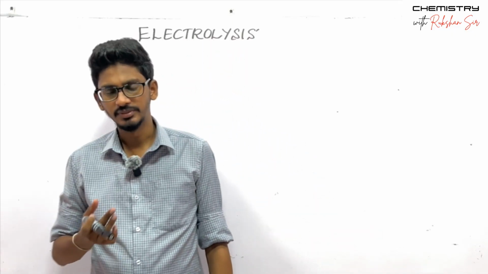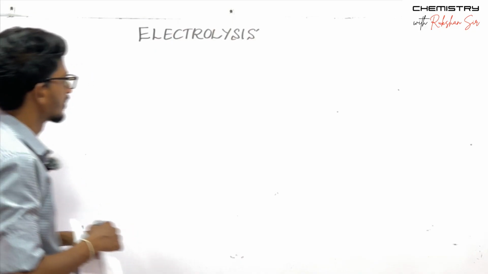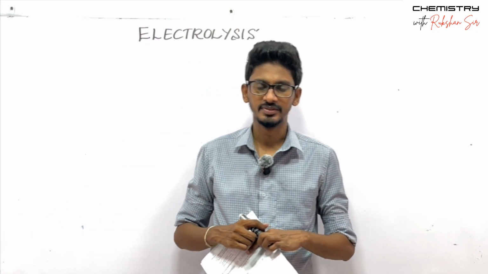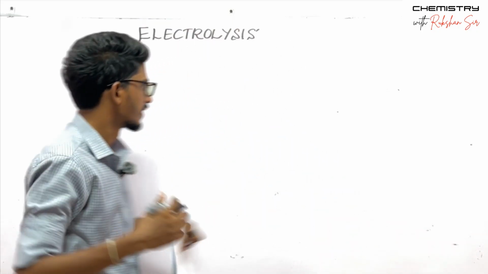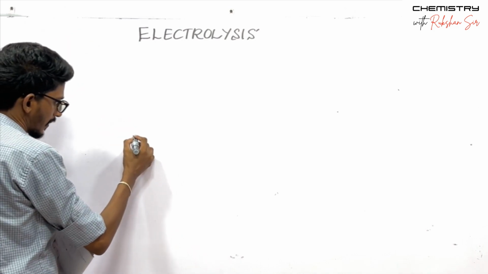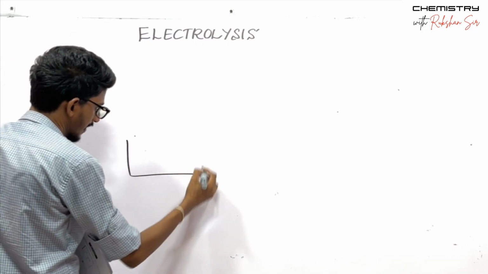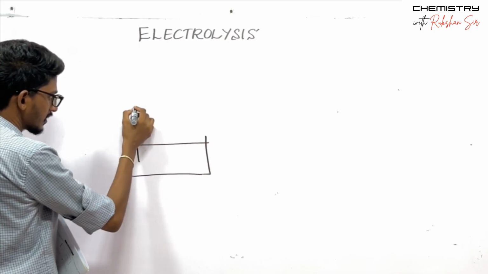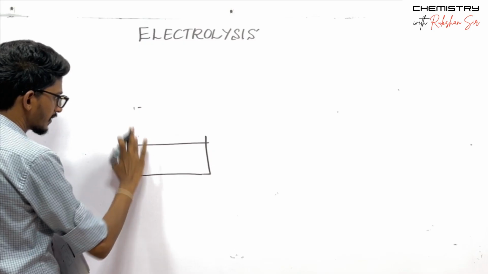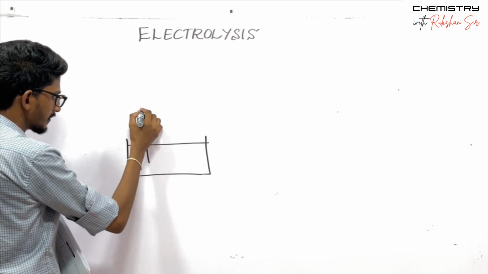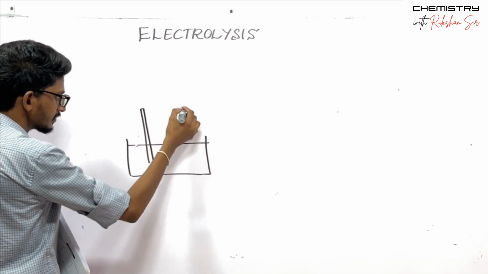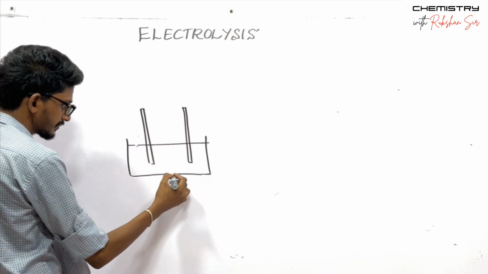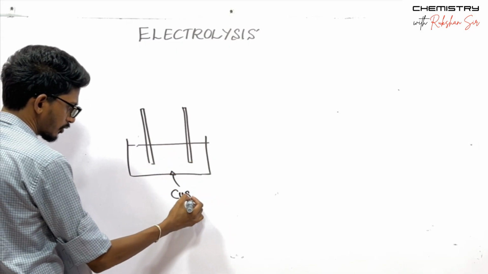If you need an example, let's discuss some simple electrolysis process you have done in your O levels. You may have done the electrolysis of a copper sulfate solution, let's say using carbon electrodes. Let's say you have copper sulfate aqueous solution.